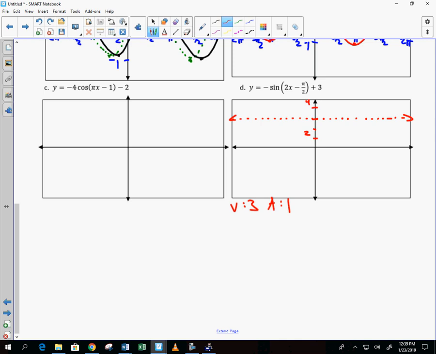Now what? Pi over 2, and I get pi. What's half of pi over 2? So that means my third mark will be 3 pi over 4.